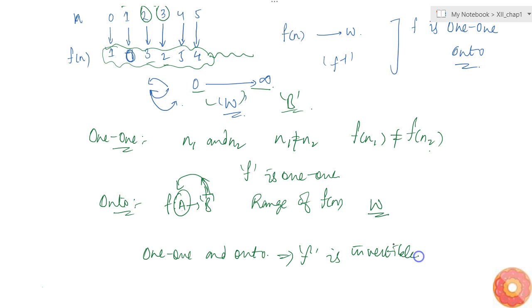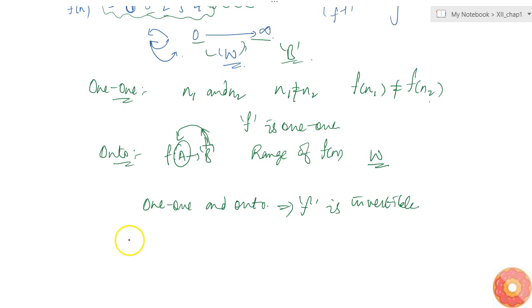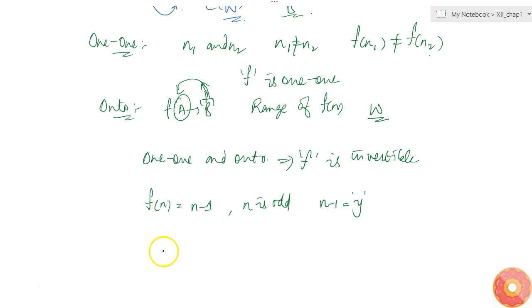And how do we find the inverse? Given f of n is equal to n minus 1 when n is odd, so n minus 1 is equal to y, and f of n is equal to n plus 1 if n is even.